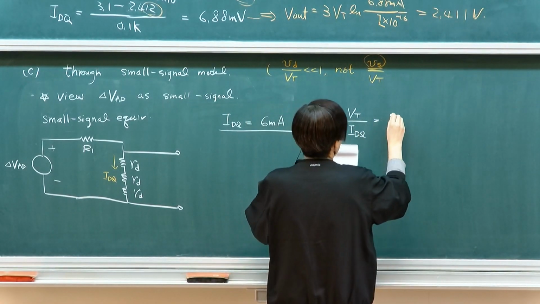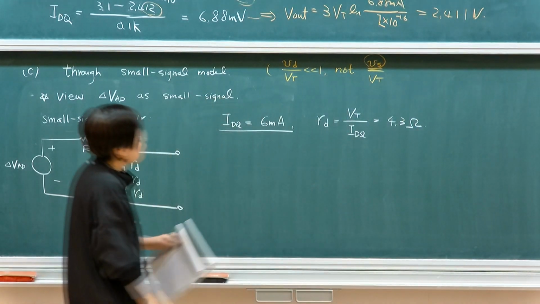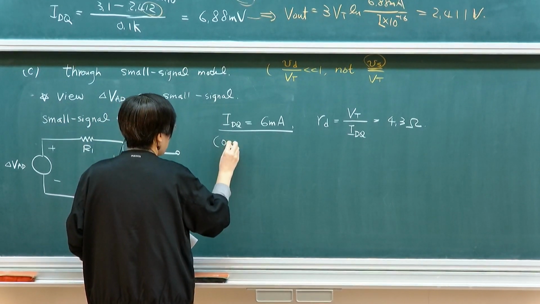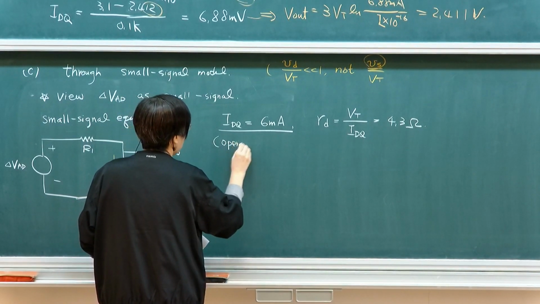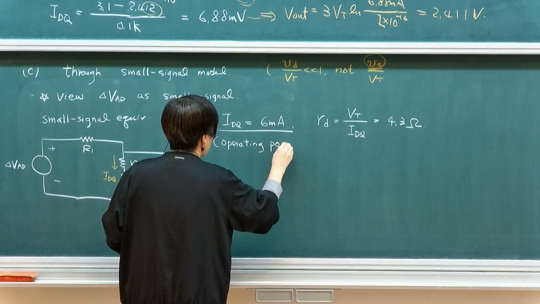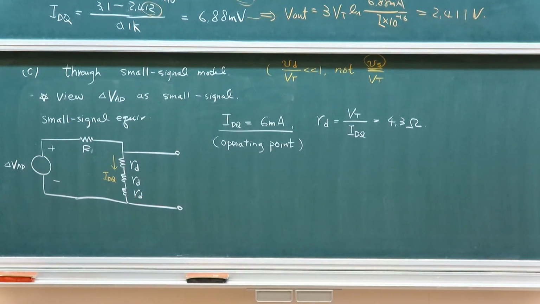This will give me 4.3 ohm. Let me emphasize once again, this is the operating point. The operating point is always the point where there's no fluctuation, so that's your nominal position at the beginning.